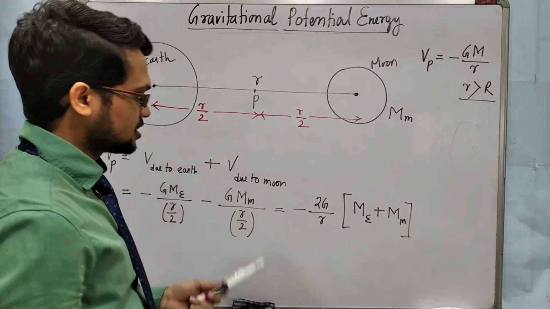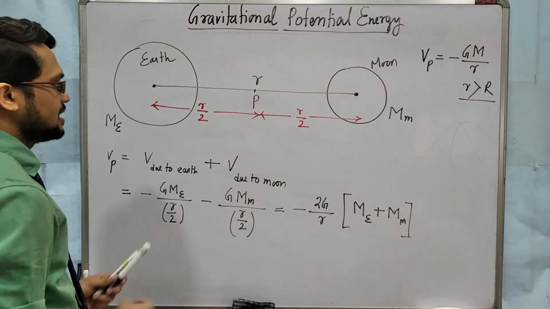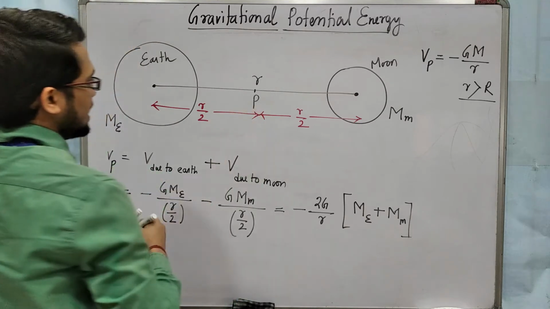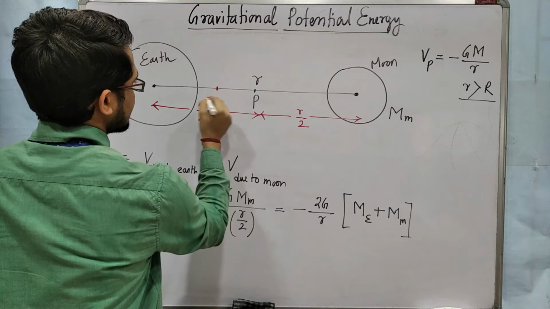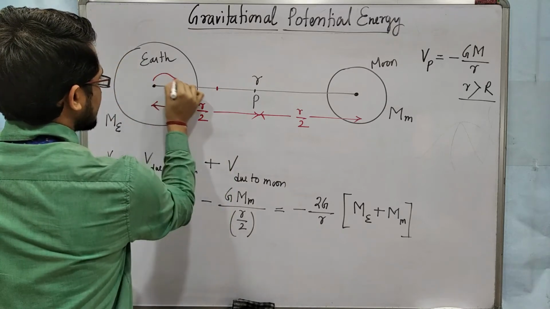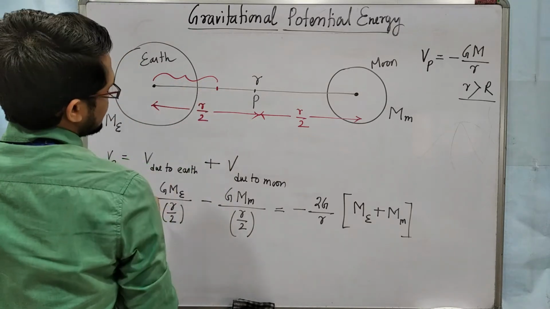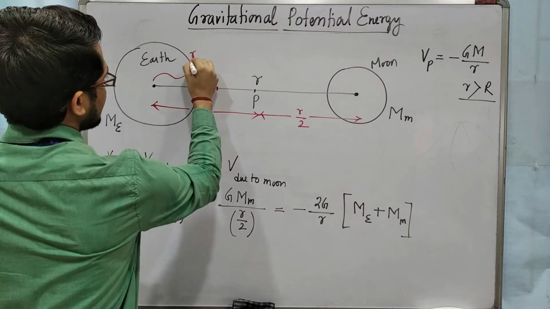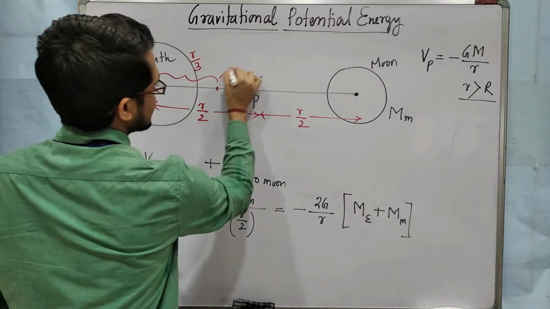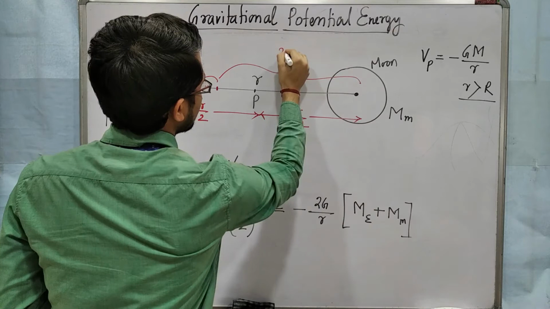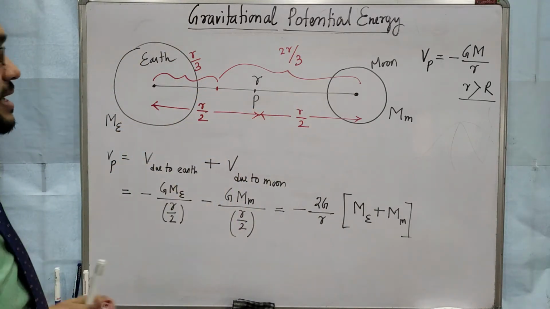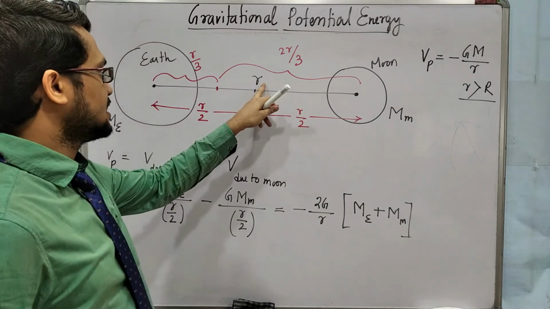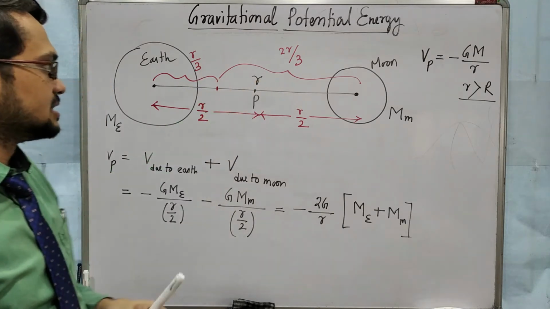If you are asked not at the midpoint, suppose you are asked at this point, at a distance r by 3 from the center of mass of the earth, and this distance is 2r by 3. One distance will be given, and the other you can automatically find by subtracting r by 3 from the total distance.